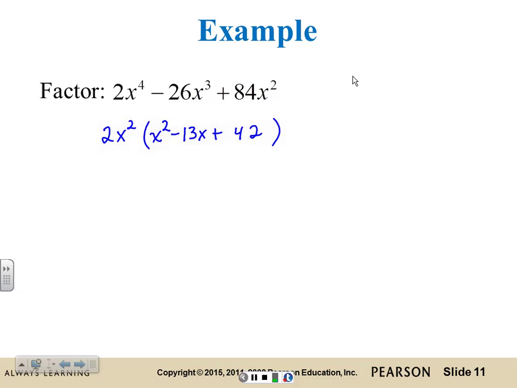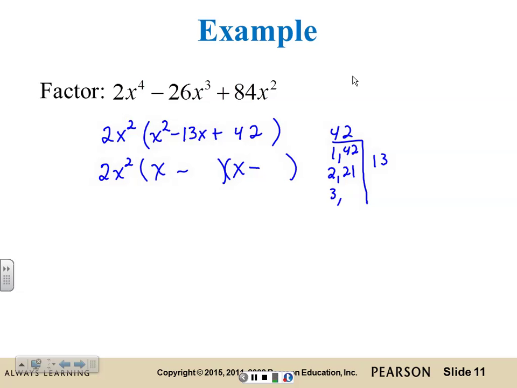Now, my inside trinomial is a trinomial with leading coefficient of 1. So I'm going to open up two sets of parentheses. My signs are going to be minus and minus this time. My x squared is going to split into x and x, and since my signs are the same, it's going to be what can I multiply together to get 42, but add together to get 13. So I have 1 and 42. I have 2 and 21.